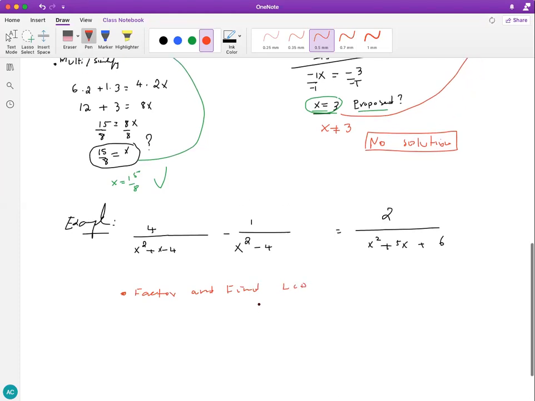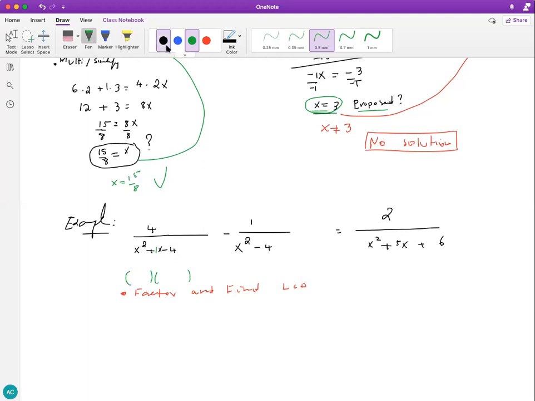All right, so let me factor this one here. This is a trinomial, so we need two numbers that multiply to -4 and add up to 1. Let me see if I wrote this right.